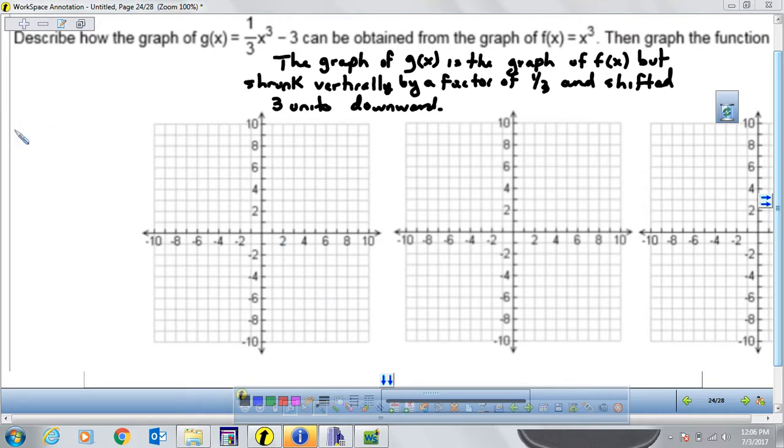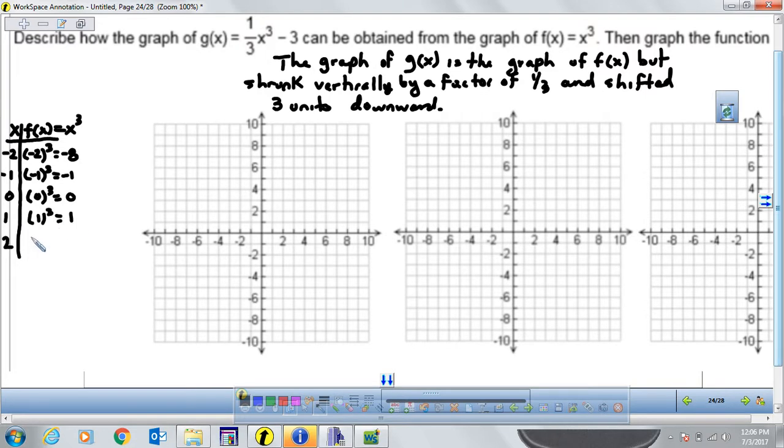We're going to start with the function f of x as usual. f of x equals x to the 3rd power. We're going to use the values -2, -1, 0, 1, and 2. -2 to the 3rd power is -8. -1 to the 3rd power is -1. 0 to the 3rd power is 0. 1 to the 3rd power is 1.